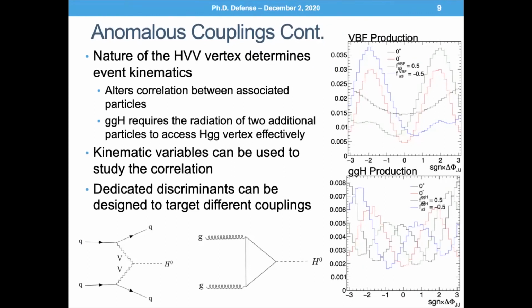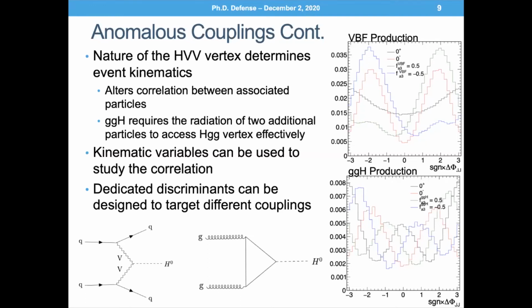So the nature of these couplings will actually affect the event kinematics, and that's how we can actually gain access to study these coupling constants. So what happens is, depending on the nature of the HVV or HGG vertex, the correlation between associated particles will change. So you can see on the bottom left, I've got this VBF Feynman diagram.